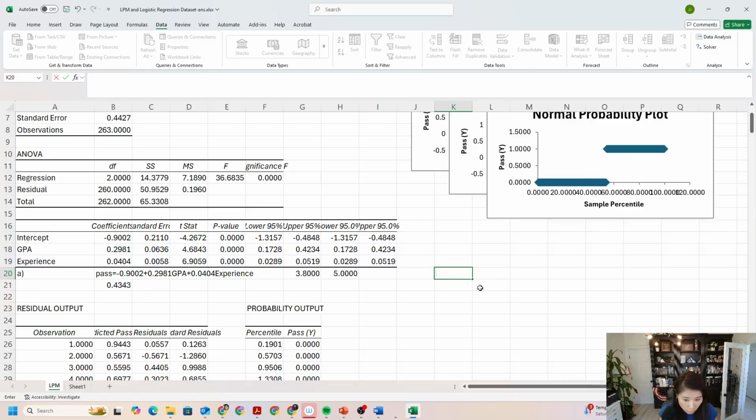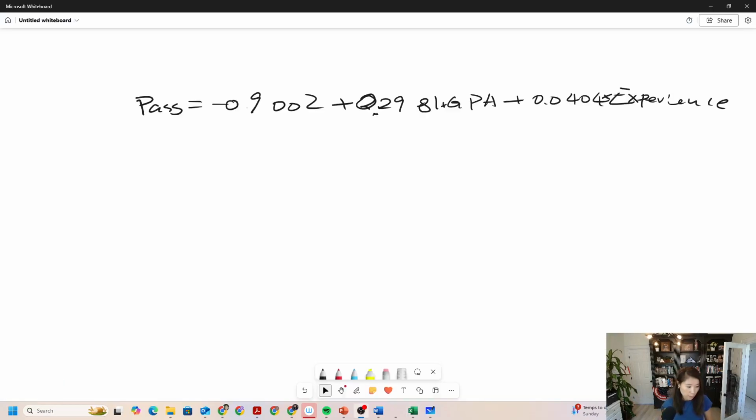Let me just do it on paper, it's easier, so that you can follow through. We want to figure out for this predicted pass probability, when it's going to become negative and when it's going to become larger than 1. So we try to figure out that range for the experience.